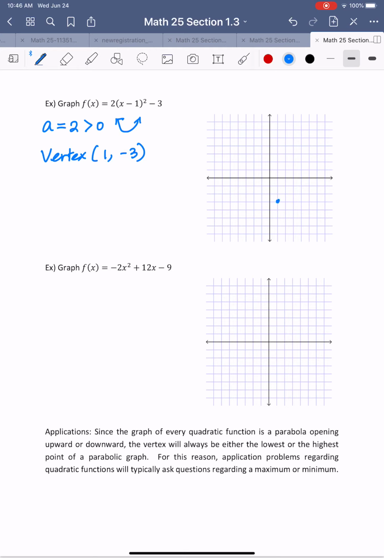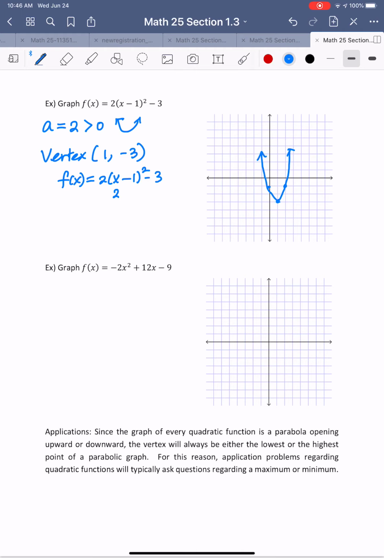Then you can just plug in 2 times x minus 1 squared minus 3. Since the vertex is at 1, you can go to 2. So 2 minus 1 is 1, squared is 1, times 2 is 2, minus 3 is negative 1. So right here, and this is also negative 1 on the other side. And then you're done graphing it. You're making a narrow parabola.